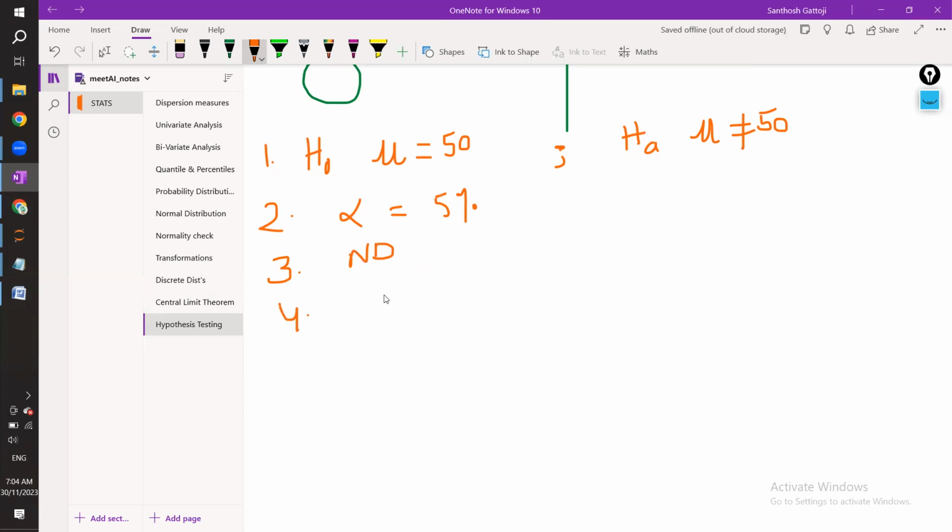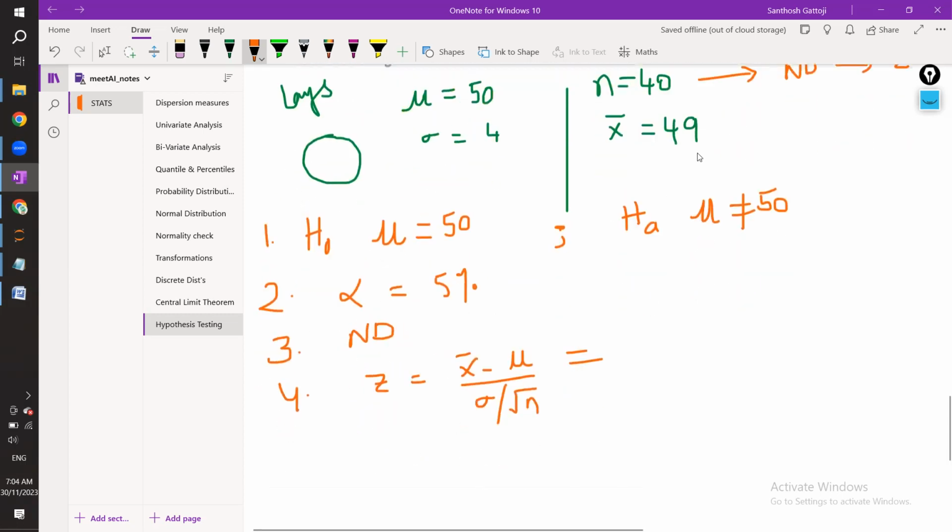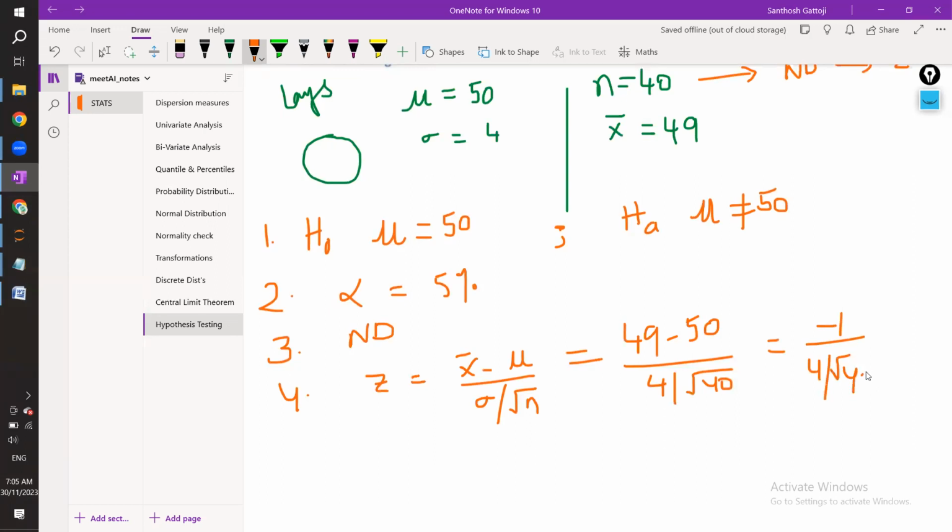Now coming to the Z-score, you have x bar minus mu by sigma by square root of n. Now what is the sample x bar? X bar is 49, minus mu. What is mu? 50. Sigma is 4, by square root of 40. What is this? Minus 1 by 4 by square root of 40.